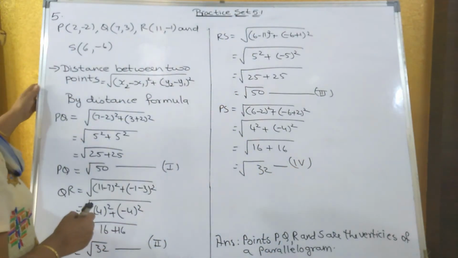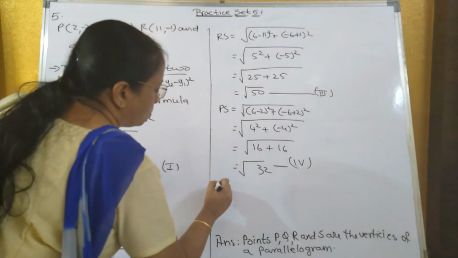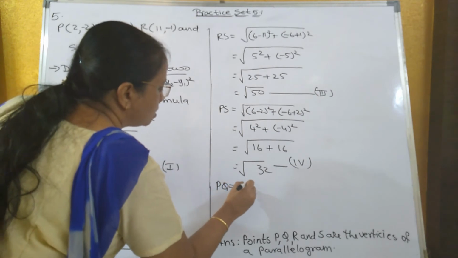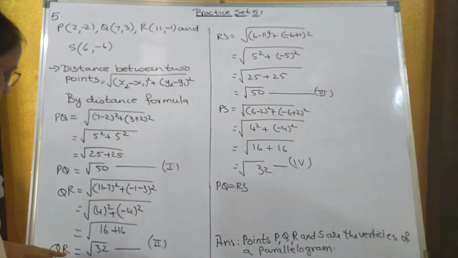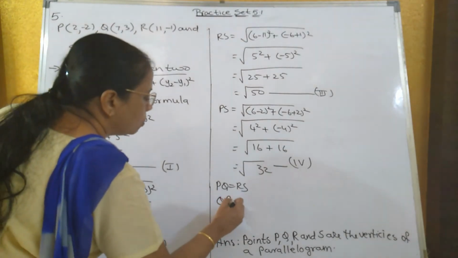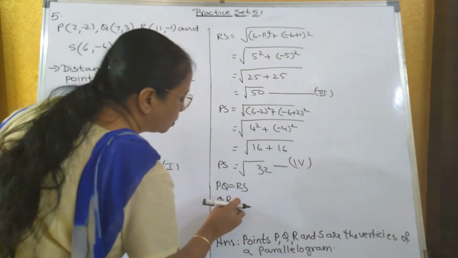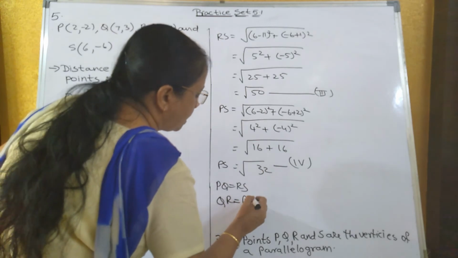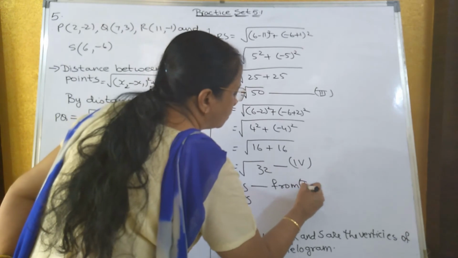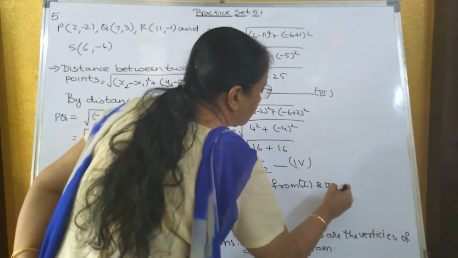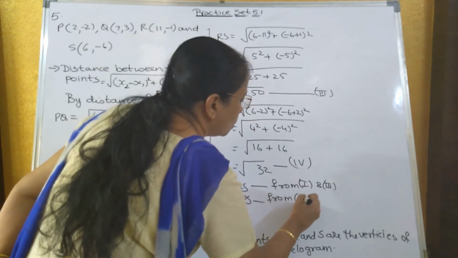Now we find that PQ is equal to RS. Why? Because PQ is root 50 and RS is also root 50. Next, QR is equal to PS. Why? Both are root 32. This is from 1 and 3, and this is from 2 and 4.